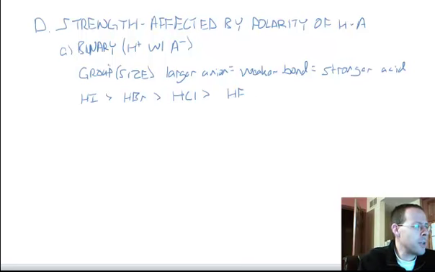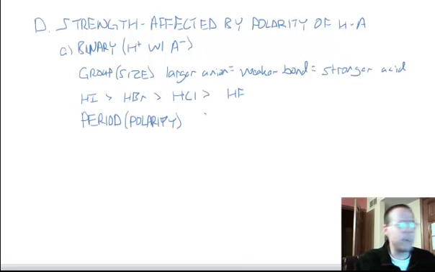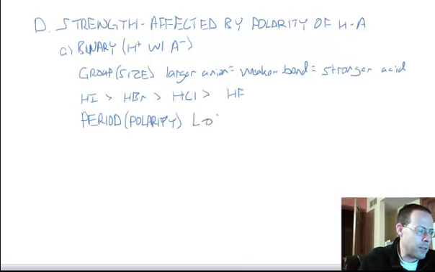Okay? So we can have group trends, we can also have period trends. So across a column or across a row. And periods basically boil down to polarity, all right, and electronegativity. As we go across a period, electronegativity increases. Who's the most electronegative? Fluorine. So we might just say from left to right, electronegativity increases, which means more polar.